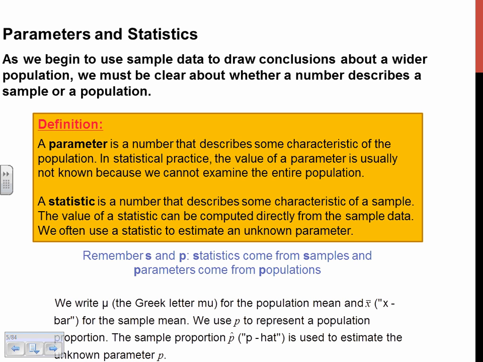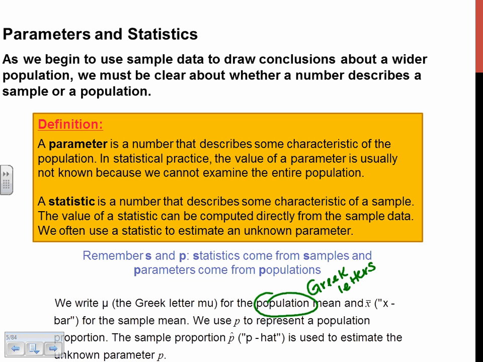All right, so mu is the Greek letter for a population mean, and X bar is the symbol for a sample mean. Whenever you're dealing with populations, these are always going to be Greek letters. You could think of it like populi, for the Greek word populi.